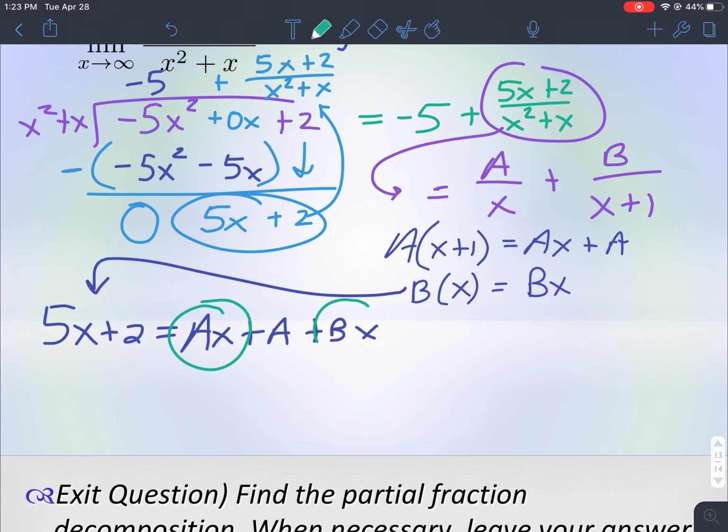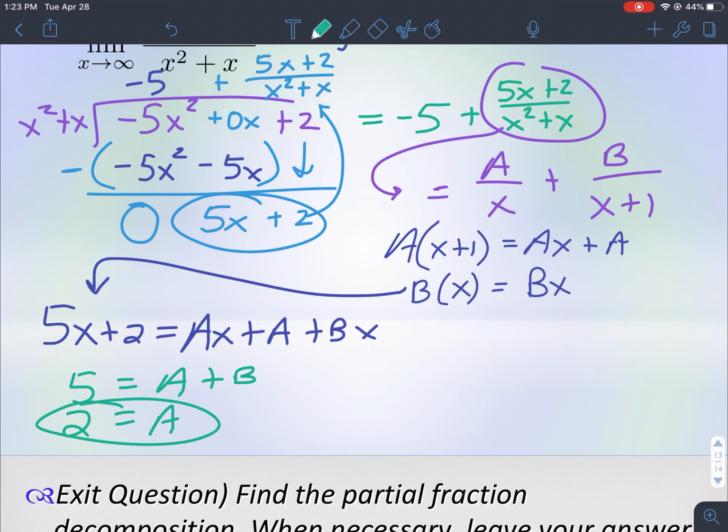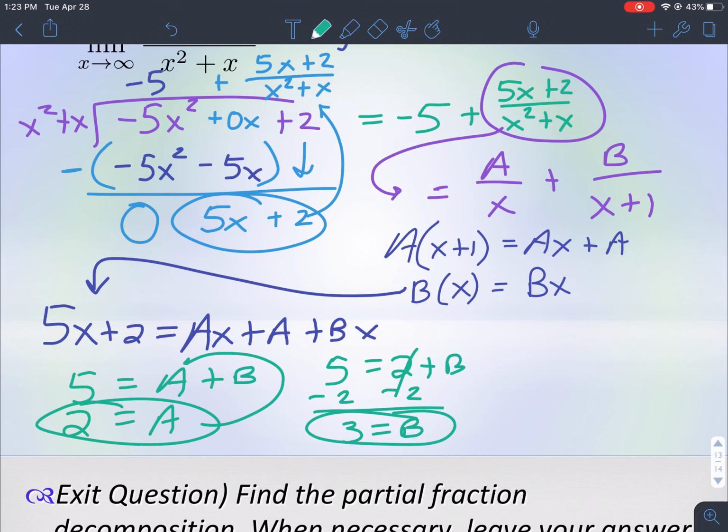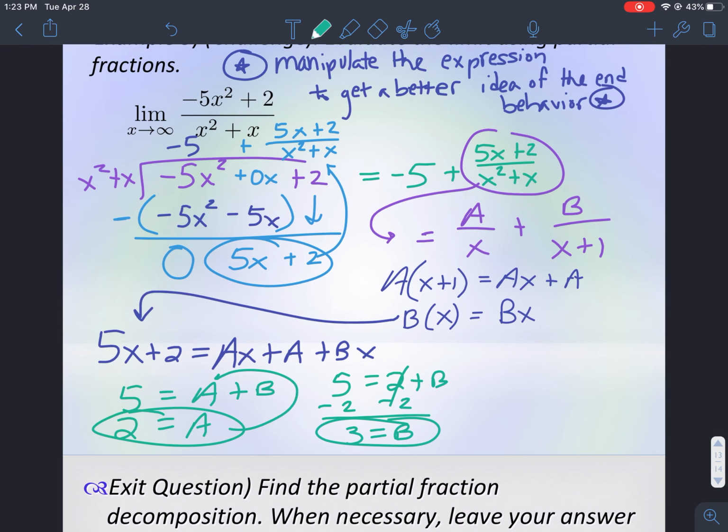If you see the x components, then it must be true that 5 is equal to a plus b, and 2 is equal to a. That's a nice answer right there. Let's plug that in. Three is equal to b.